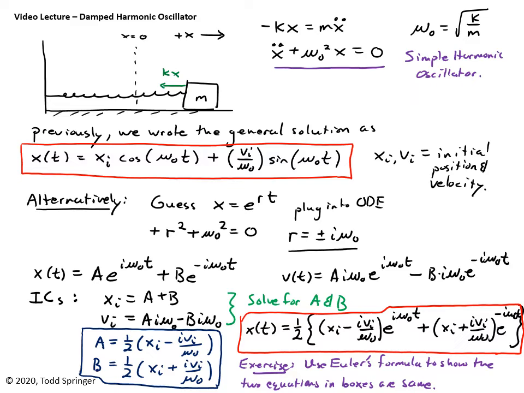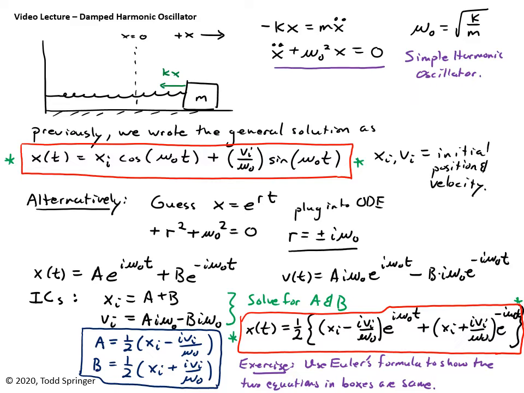So the upshot is we got this solution by guessing sines and cosines, and then we got this solution by using the techniques of second order ODEs that we've been working on. And the claim is that both of those work. So even though they look different at first sight, they're actually the same solution, just written a little bit differently.